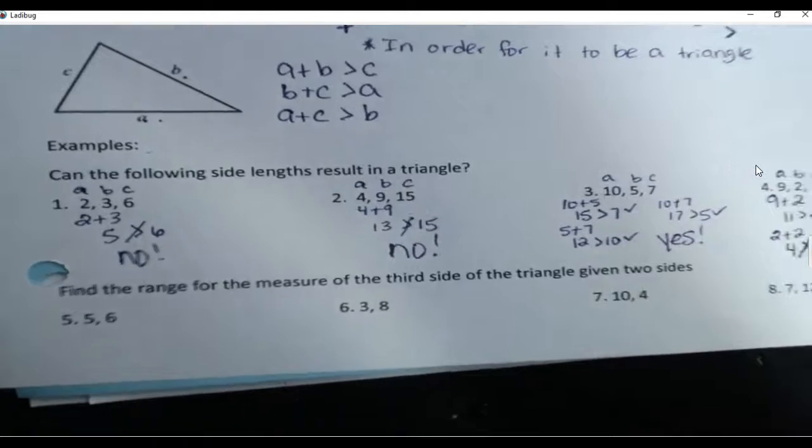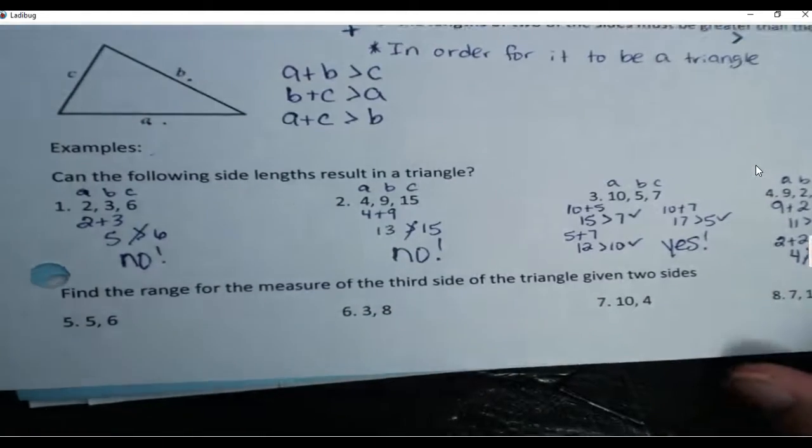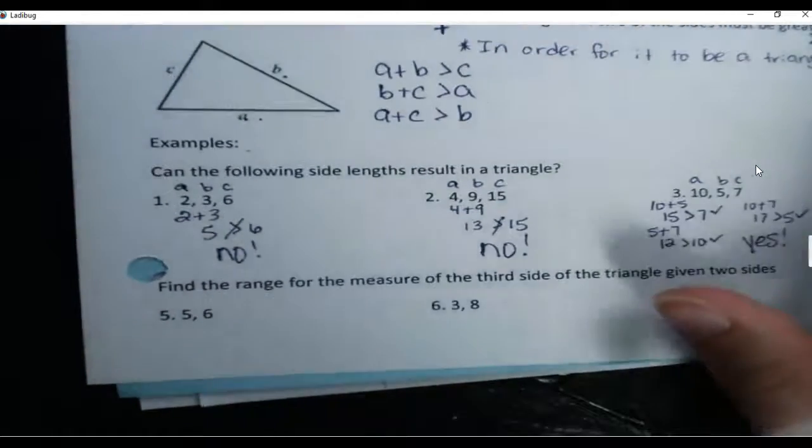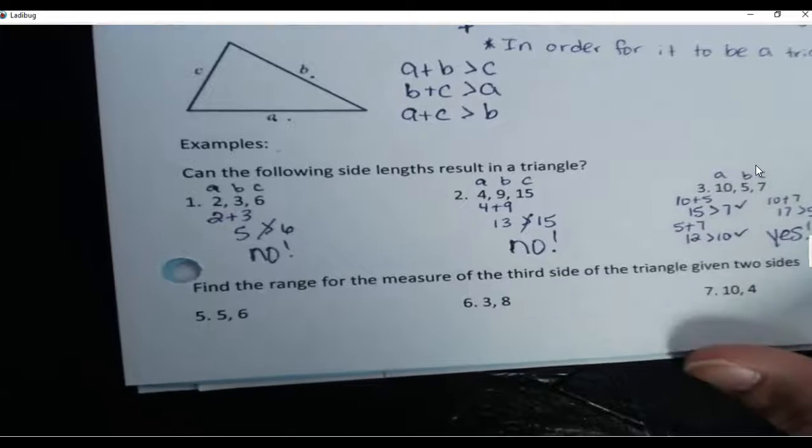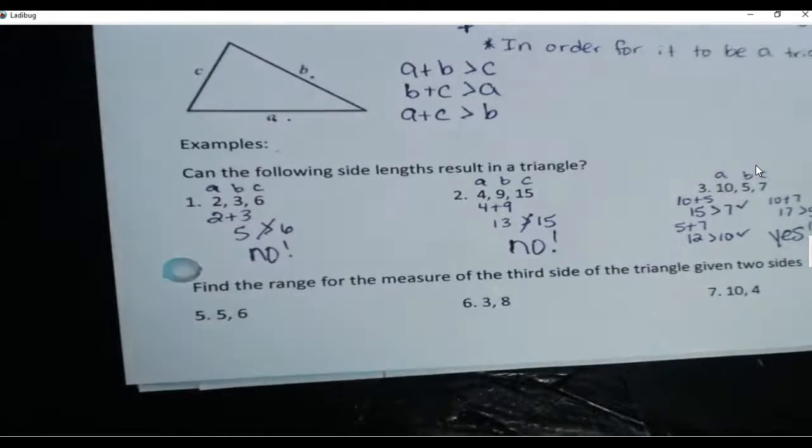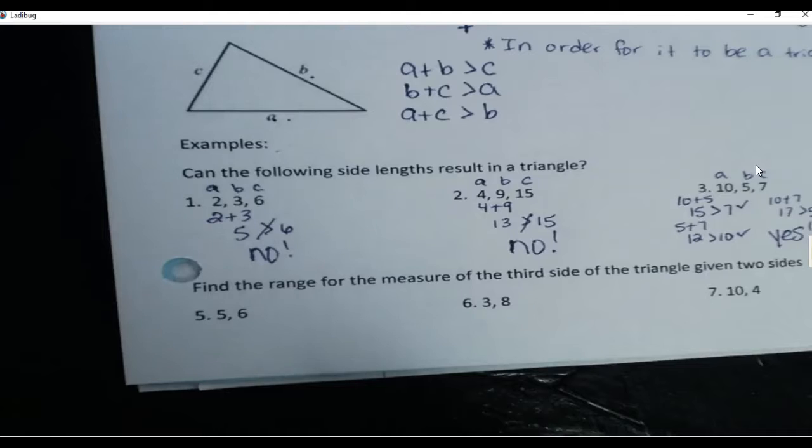Okay. Alright, so our next one, we want to find the range for the measurement of the third side. So to do that, we want to start by adding them, like we did.